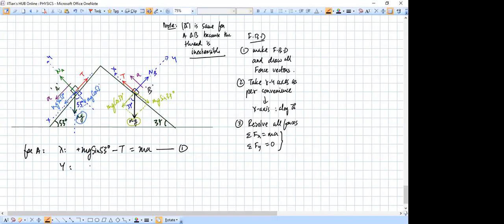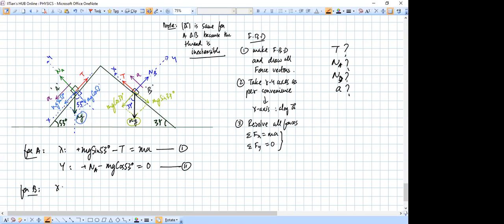So there is positive normal reaction, but negative mg cos 53 along the y-axis. So that should be equal to 0. That's our second equation. What are the unknowns? Tension, normal reaction, and acceleration. So we have 4 unknowns, and we will get 4 equations because we've got 2 from body A, and similarly for body B, we'll get another 2.